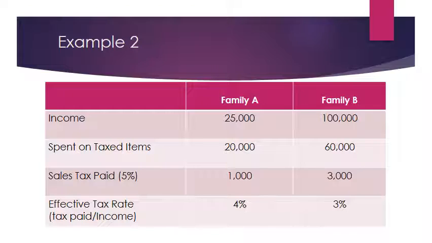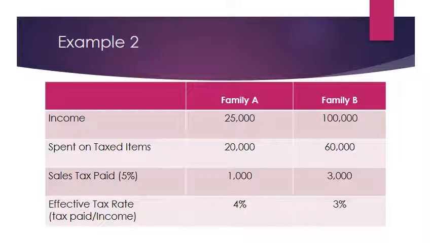So we need to divide the amount of tax actually paid by each family by their income. Looking at family A, the amount of tax they paid in sales tax, £1,000, divided by their income, £25,000, means their effective tax rate is 4%. Whereas for family B, the amount of taxes that they paid is £3,000.